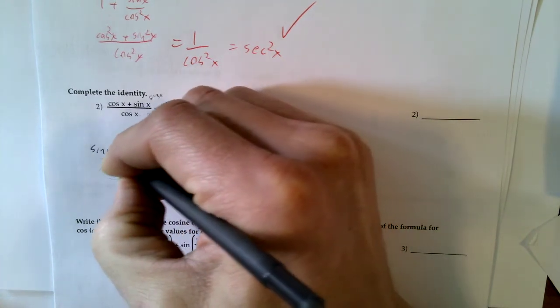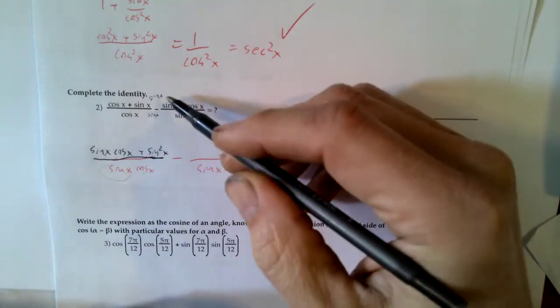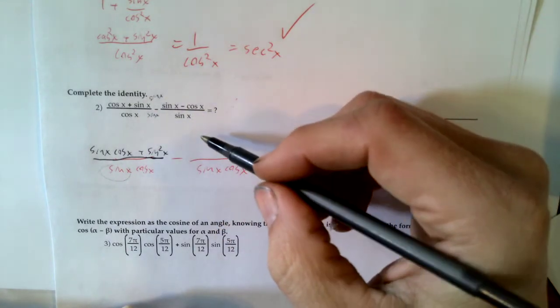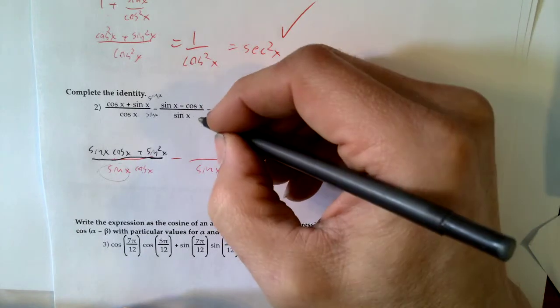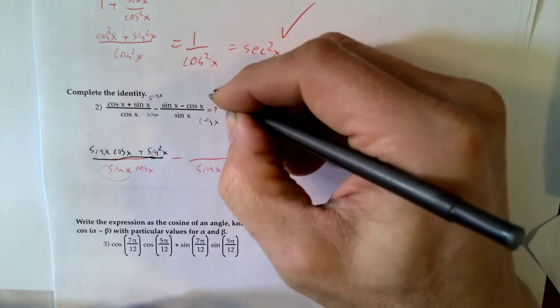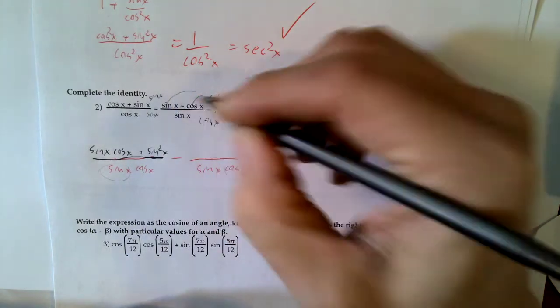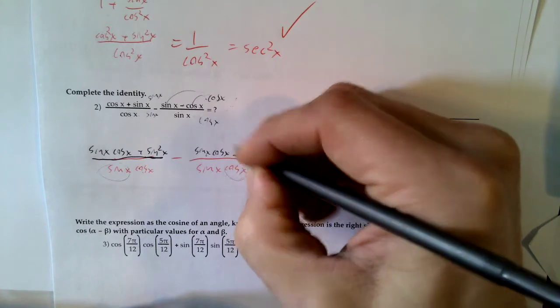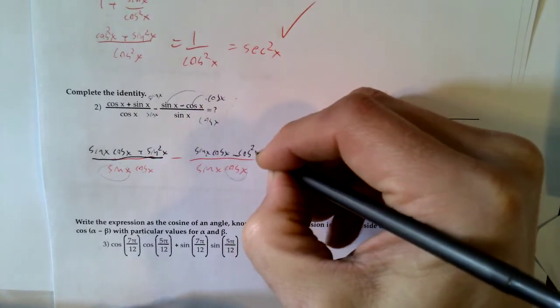We get a lot of powers like that. Trig function squared happens a lot in this section. This one we're going to be multiplying top and bottom by cosine x to get this common denominator. That's the missing factor here. So that distributes to both of these, and I got sine x cosine x minus cosine squared x.